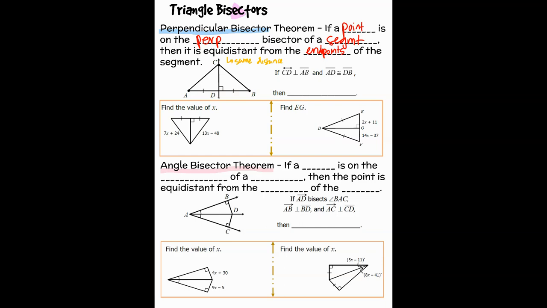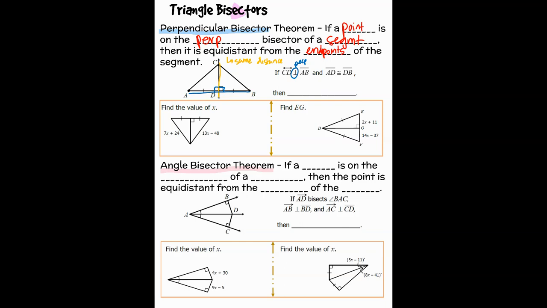If our line here, CD, is perpendicular to AB, and perpendicular means that they form this right angle on both sides, right?